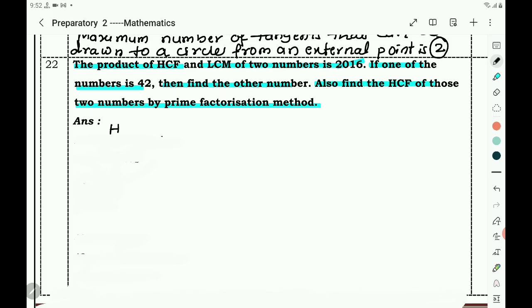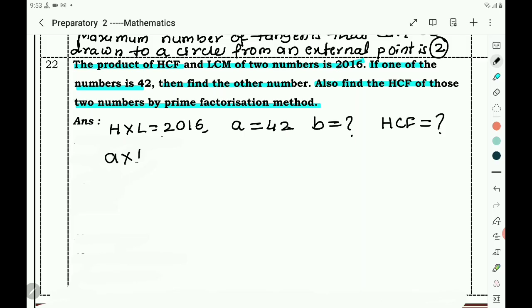Then you write H into L is given, which is equals to 2016, and one number is given. Consider that is A, which is 42. Then B is to be find out, and also we have to find out HCF.